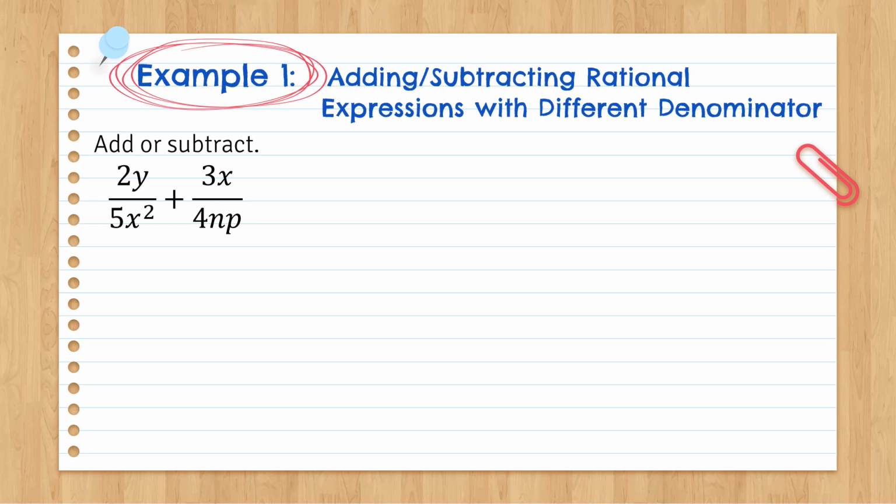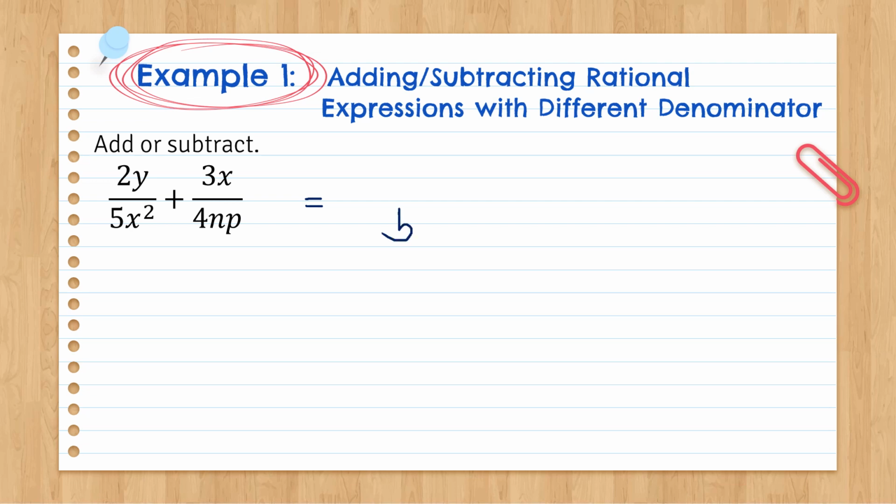And then 4, we can get by multiplying 2 times 2. For the variables, we do not have any common variable. So we do not have any common factor with our denominators. If that is the case, we are going to simply multiply the two denominators.